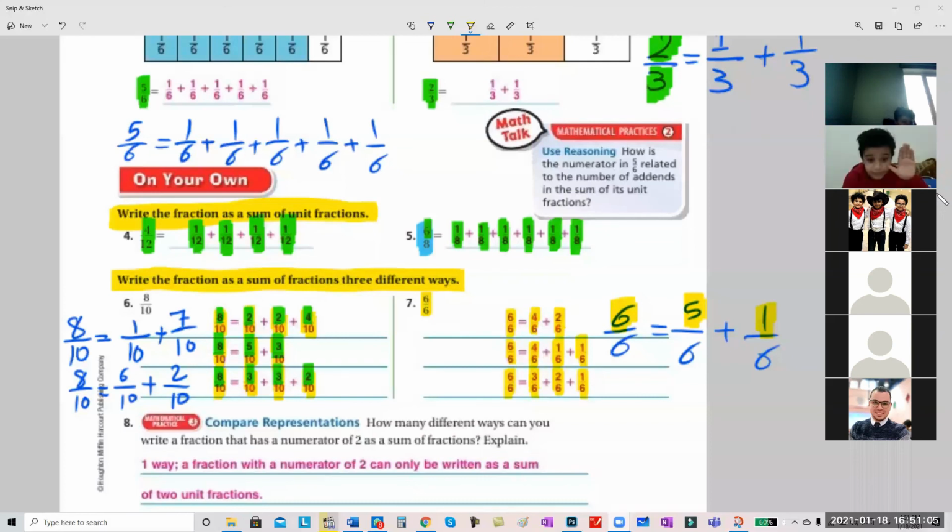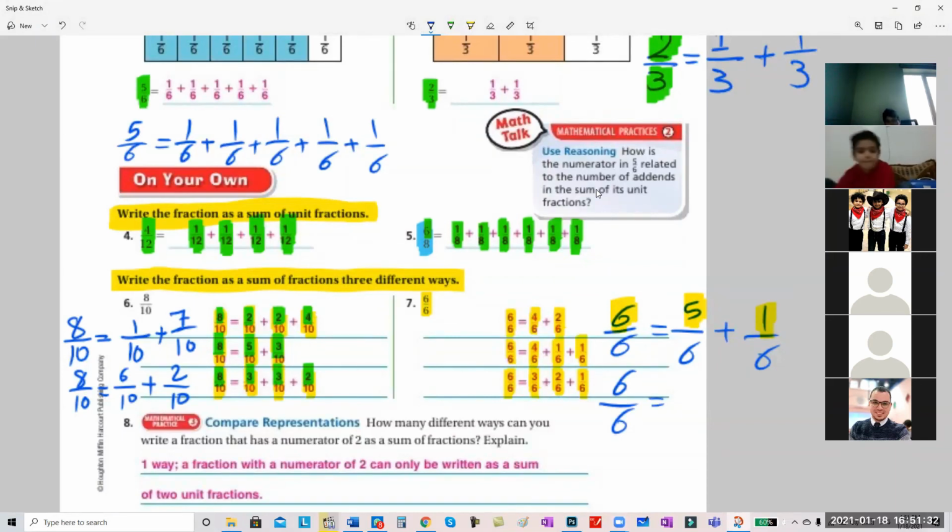What about Idris? Yes, Idris. Mister, should we write number 8, the sentence? No, don't write it. But help me with number 7. We didn't finish number 7. So 6 over 6, can we write it in another way, Idris?